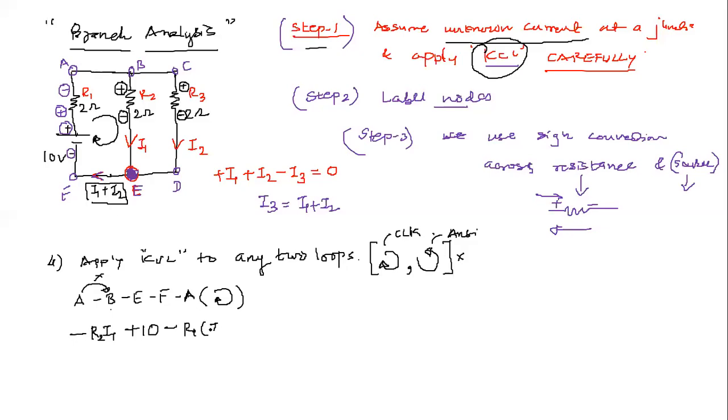So I need to put I1 plus I2 in the bracket, and that has to be equal to 0. How are we applying KVL, right? We are applying Kirchhoff's voltage law. Now we'll put the values of R1 and R2 and solve this one, right? Let us put the values first. All the resistances are 2 ohms, so no need to worry.